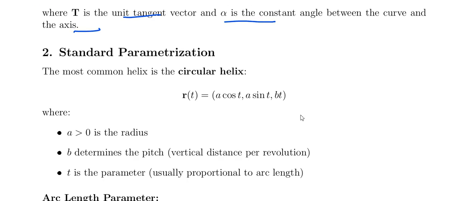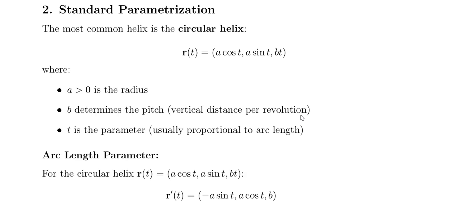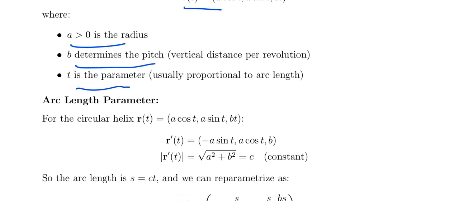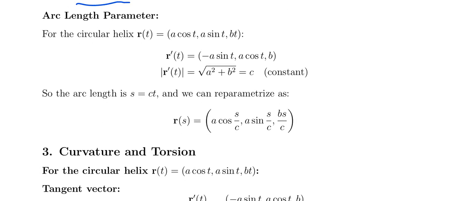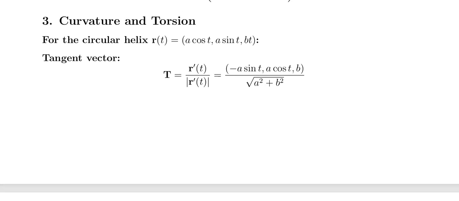A common helix is the circular helix, that is a cos t, a sin t, b t. In this, a greater than 0 is the radius, b determines the pitch, and t is the parameter. What is the arc length? Already discussed: r of s equal to a cos s by c, a sin s by c, b s by c.